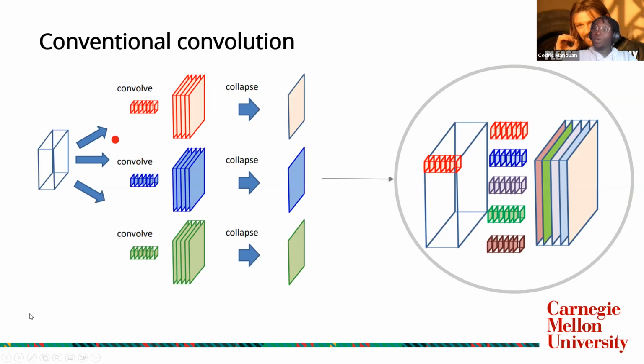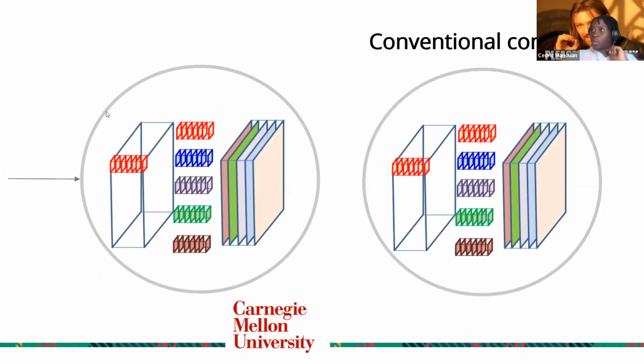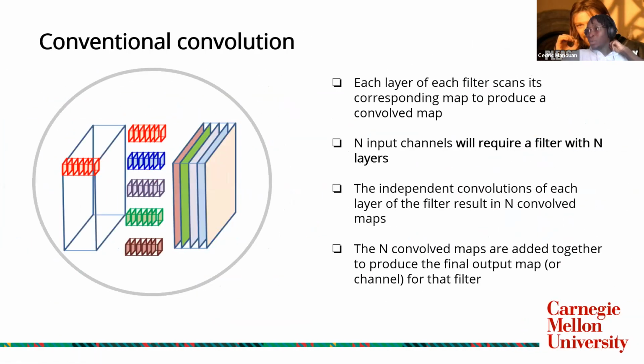Let's say you have an RGB image. You would have a filter with the same 3 dimensions, and then you perform your convolution using that kernel. So with input channels, you require that many filters, and those filters will be used to perform your convolution operation, and then you also have a mapping operation at the end to generate the output maps.